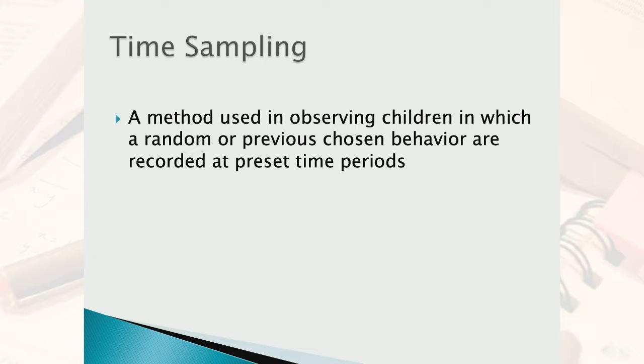Maybe that will help you to determine the types of play children are involved in, or how they're using the material. There may be different reasons why you decide to do time sampling, but it is also a very effective tool to use when observing young children.